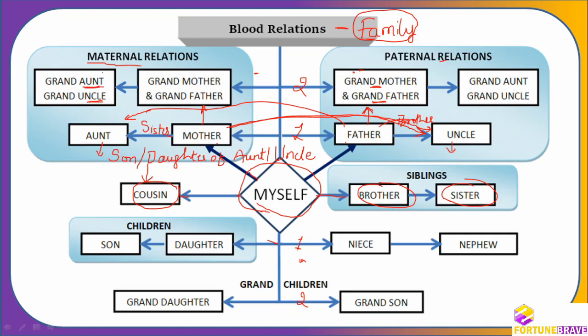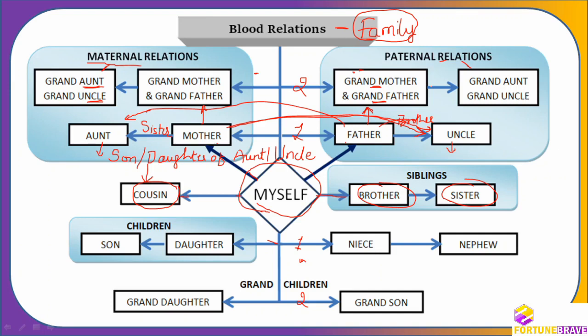And again, same thing, grand aunt or grand uncle can be again from maternal side or from paternal side. Who are these grand aunt or grand uncle? They are your grandmother's or grandfather's brother and sister. Your grandmother's or grandfather's sister is your grand aunt.